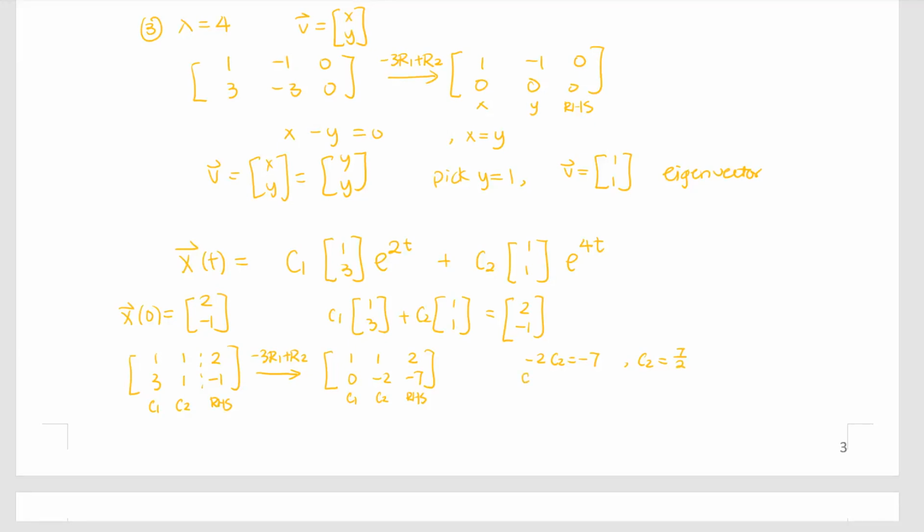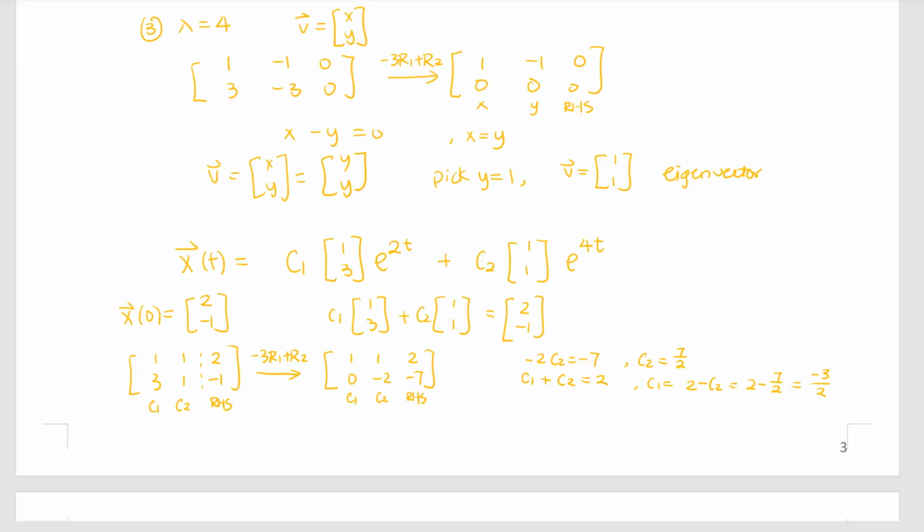Then we plug in the first row. The first row gives us c1 plus c2 is 2. Okay, so then c1 is 2 minus c2, which is 2 minus 7 over 2. Well, that is like 4 minus 7, so negative 3 over 2.